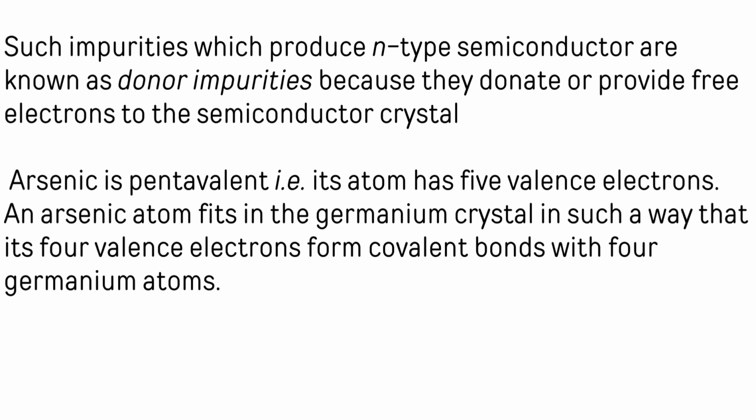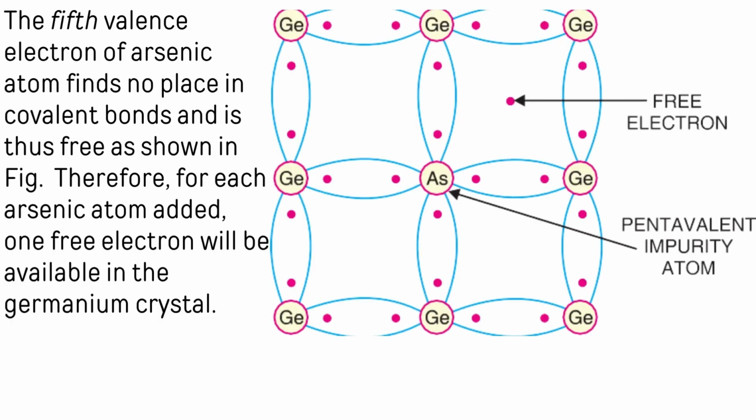Arsenic is pentavalent, that is, its atoms have 5 valence electrons. An arsenic atom fits in the germanium crystal in such a way that its 4 valence electrons form covalent bonds with 4 germanium atoms. The figure shows a free electron. Why?